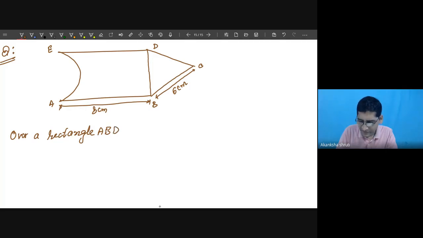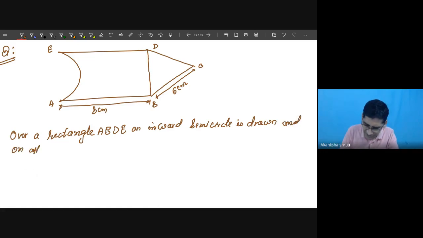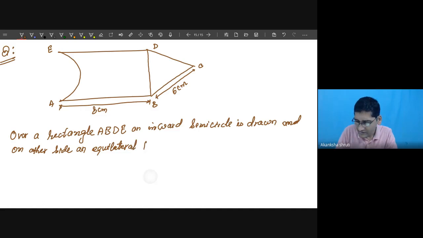A, B, D, E, and inward semicircle is drawn, and on other opposite side an equilateral triangle is drawn.